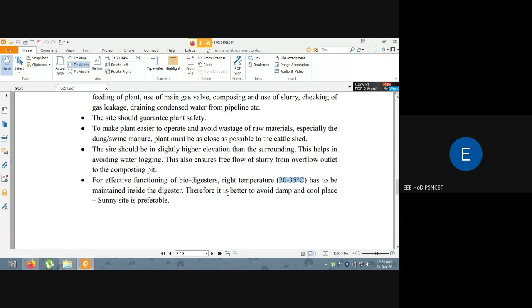So we need to maintain temperature slightly more than that normal temperature. Okay, so 40 may be the correct temperature. Therefore it is better to avoid damp and cool places. So always sunny sides are preferable. So the light and heat from the sun should strike the plant.